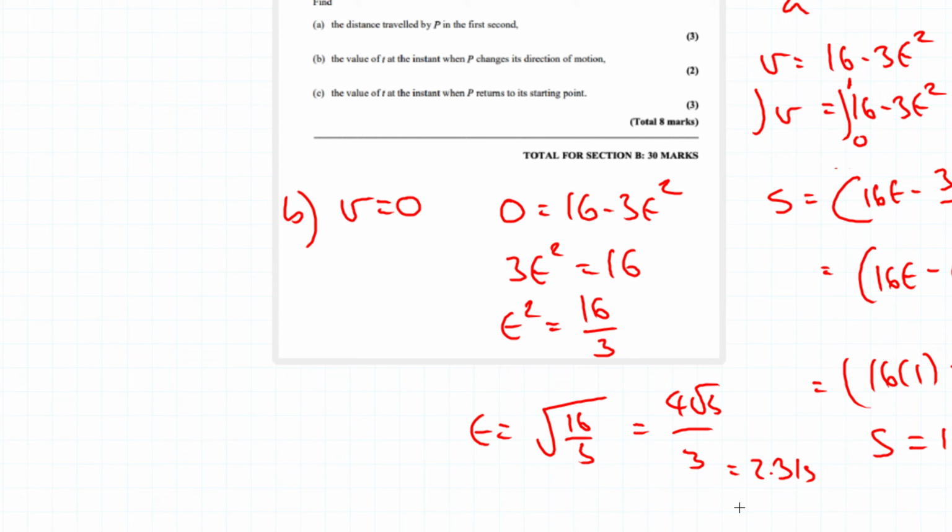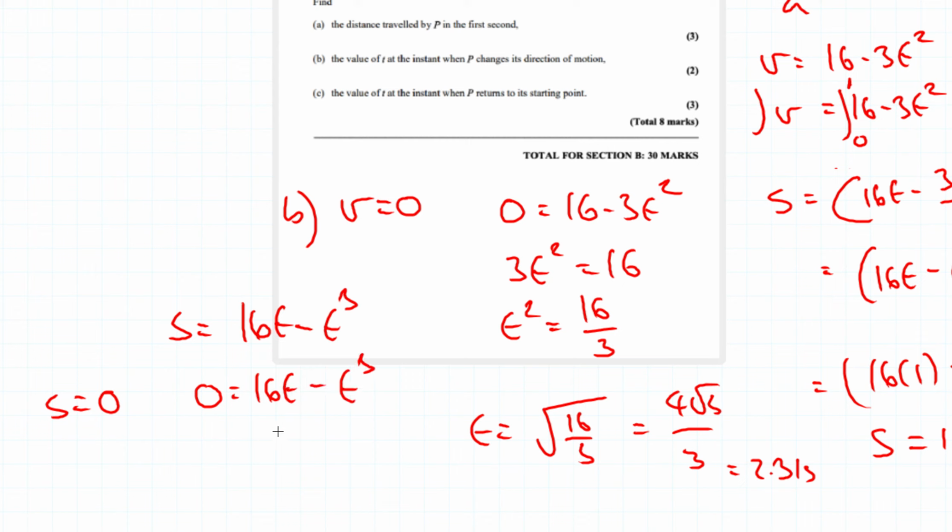The last one we have is the value of t at the instant when P returns to its starting point. So when it returns to its starting point, we are going to look at s. So s is equal to 16t minus t cubed, and s is equal to 0 because it's returned back to the start, so 0 equals 16t minus t cubed.